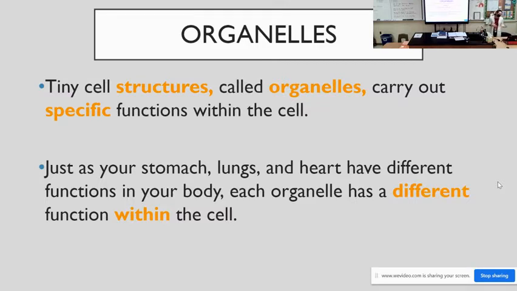So just like our stomach, lungs, and heart all have different functions in our body to keep us moving and living, organelles have different functions within the cell. Okay? They're like little organs in the cell.